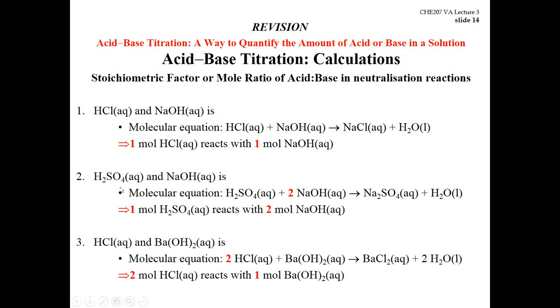For H2SO4 and NaOH, we have 1 mole of acid react with 2 moles of base. For hydrochloric acid and barium hydroxide, we have 2 moles of acid react with 1 mole of barium hydroxide.